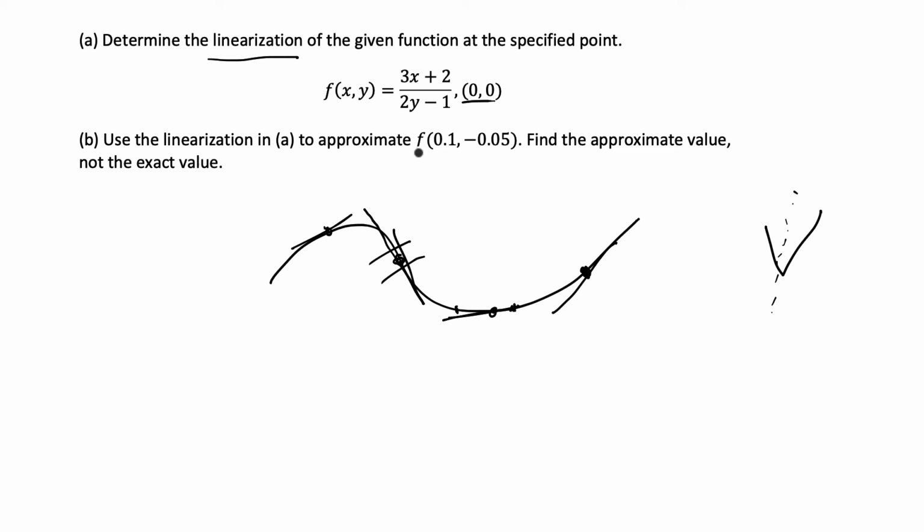Part B is referencing that type of problem, where it might be difficult or not possible to calculate the linear approximation at a particular point, so you can find it at a nearby point. We're going to use the linear approximation at (0, 0) to approximate the function at the point (0.1, -0.05).